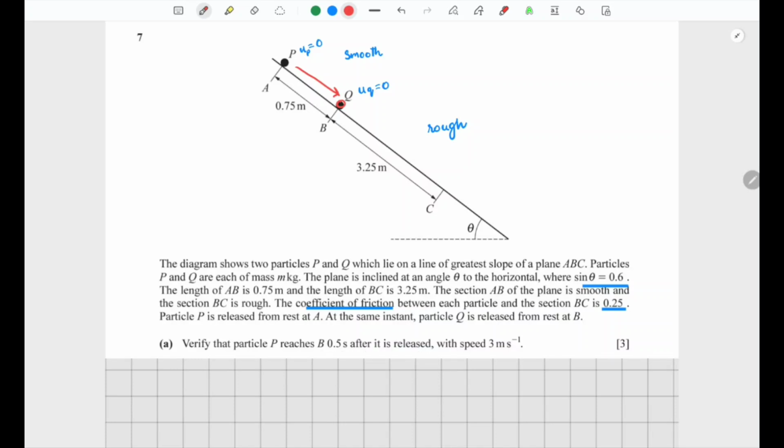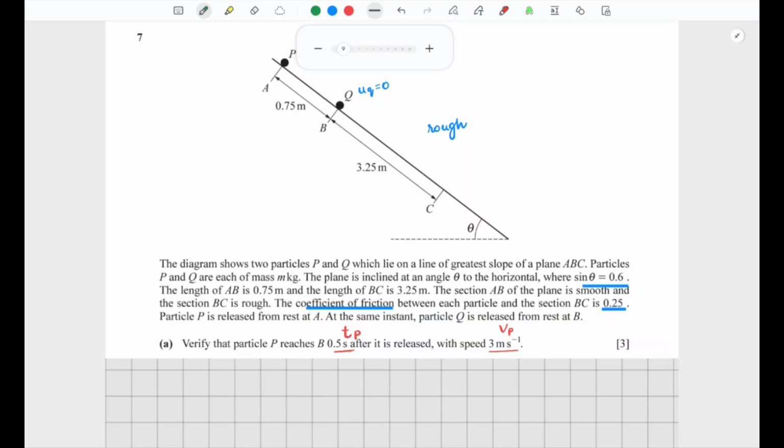That means the time it took for particle P to reach point B is 0.5 seconds, and the velocity of P is 3 meters per second. So this is the information given, and this is what we need to prove, the time and the velocity.